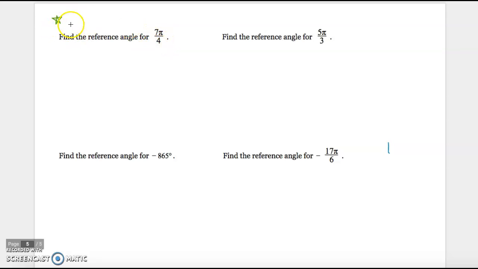What we're going to do for radian problems is convert to degrees first, then convert back at the end. Because we're usually better at identifying or working with degree measurements. So convert to degrees to start off with, and then we'll convert back at the end to find our reference angle in radians. So let's do that first.